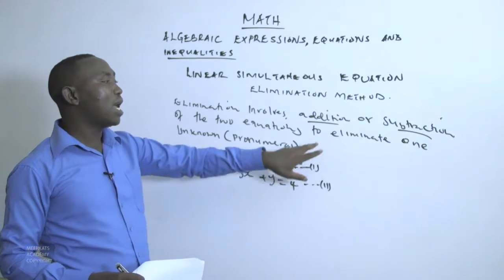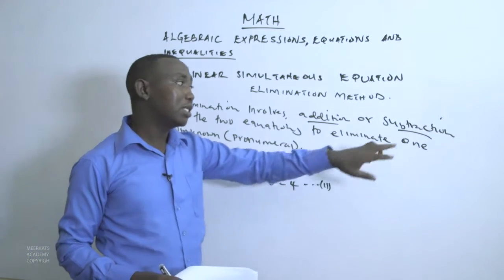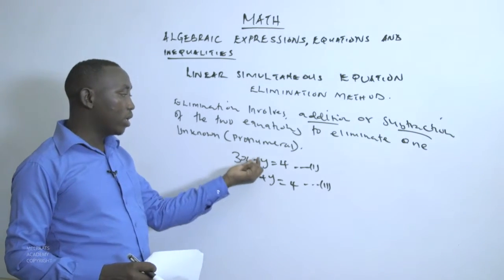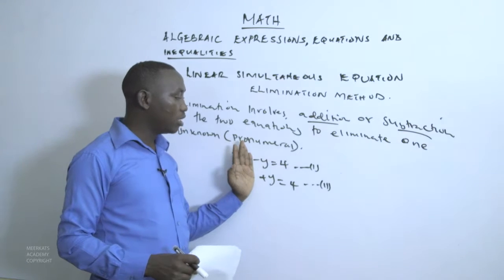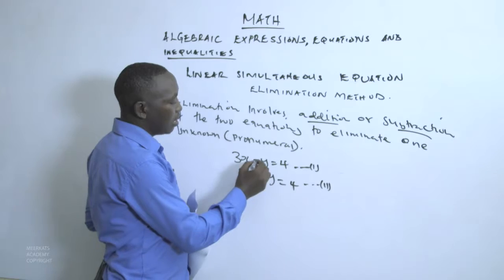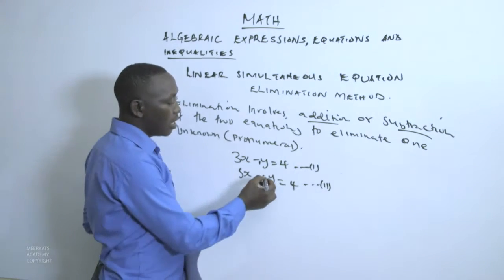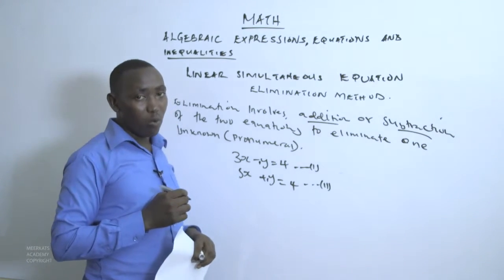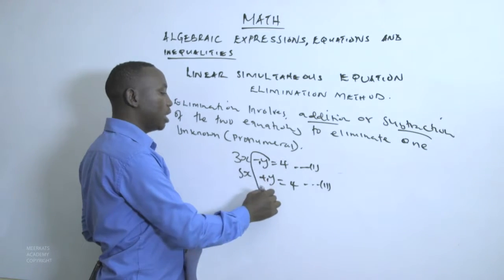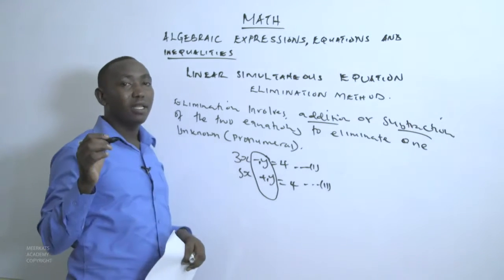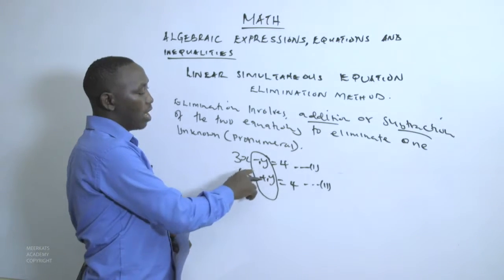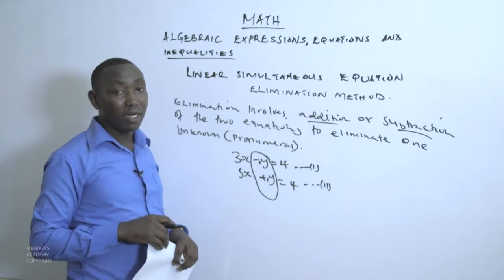Now, when do we use addition and when do we use subtraction when we want to eliminate a pronumeral? We consider the signs before that particular coefficient. In this case, we have -1 and +1. How can we eliminate this and ensure that this part gives us a y value of 0?